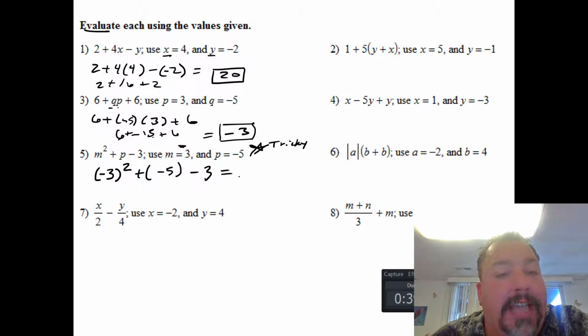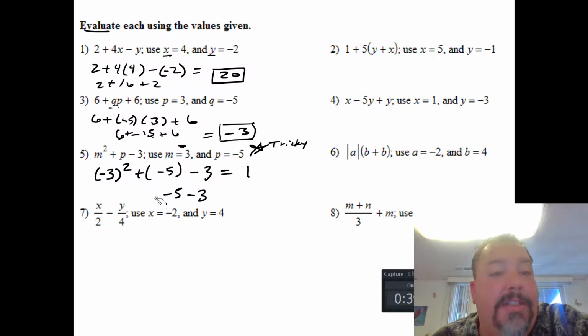If you type this into the calculator or into Desmos, just like this, with the parentheses, you will get the correct answer. Because when you square this, you should be getting -3 times -3, which is 9, plus -5 minus 3 should come out to a 1.